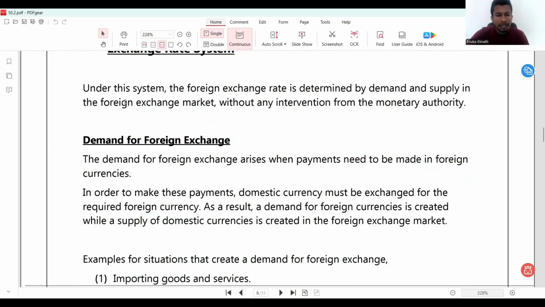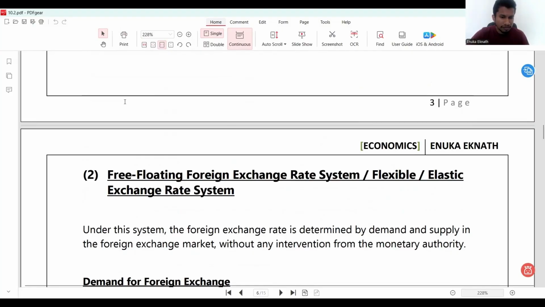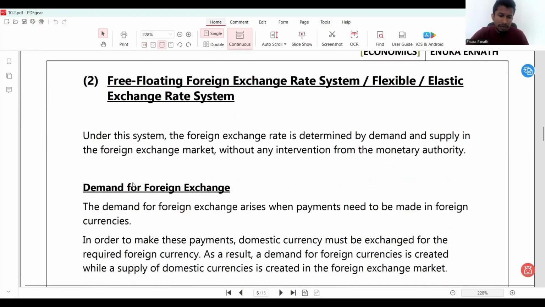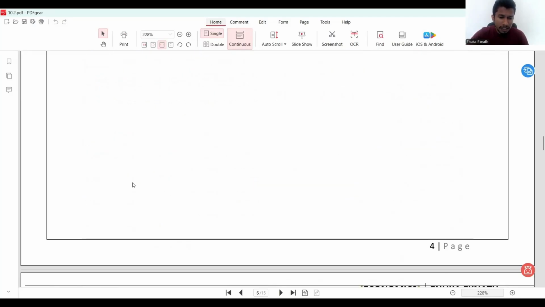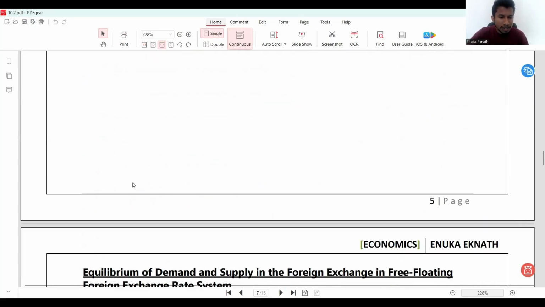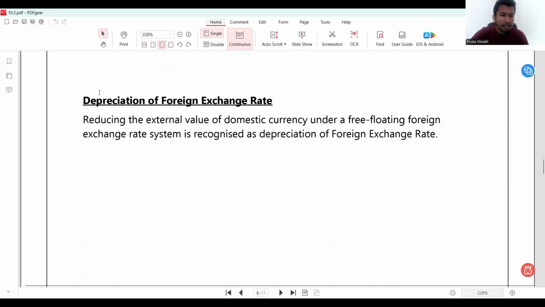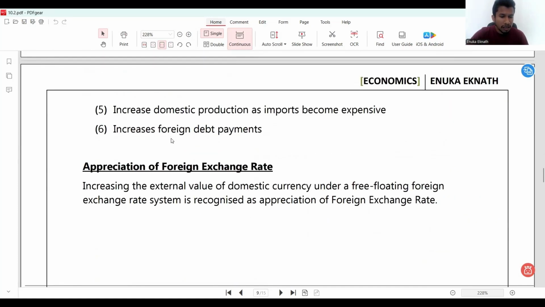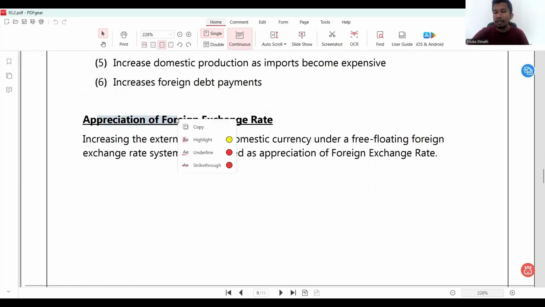But under free floating foreign exchange rate system, let's say we have the foreign exchange demand, the foreign exchange supply, and based on demand and supply, depreciation or even appreciation can occur. That is how we use the words.